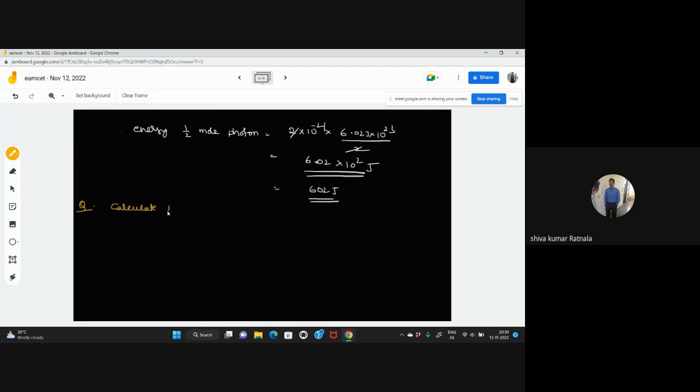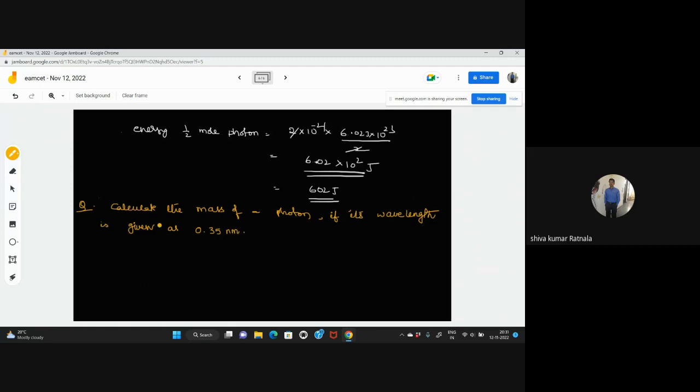Next question is calculate the mass of a photon, if its wavelength is given as 0.35 nanometer.